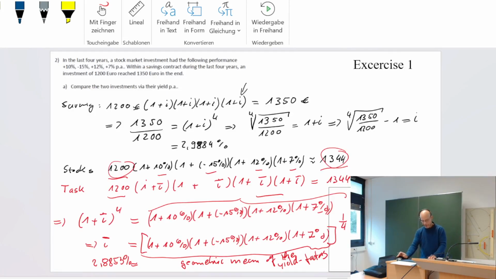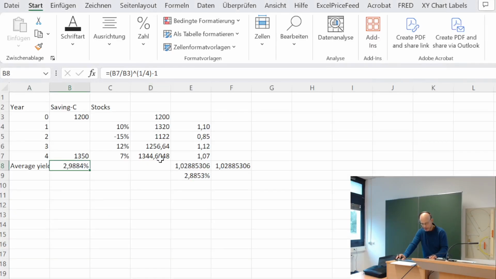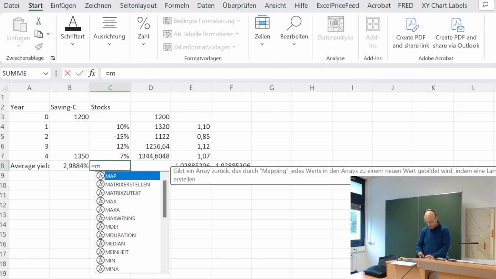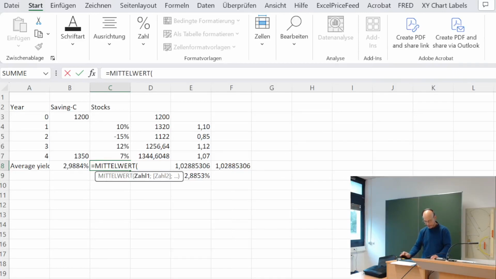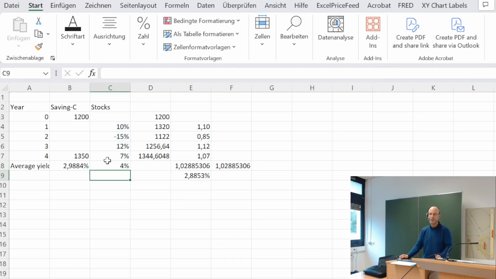2.8853%. Well, I think the reason why I created this example is, if I take just the average here, so the arithmetic mean, what do I obtain? I obtain 4%.